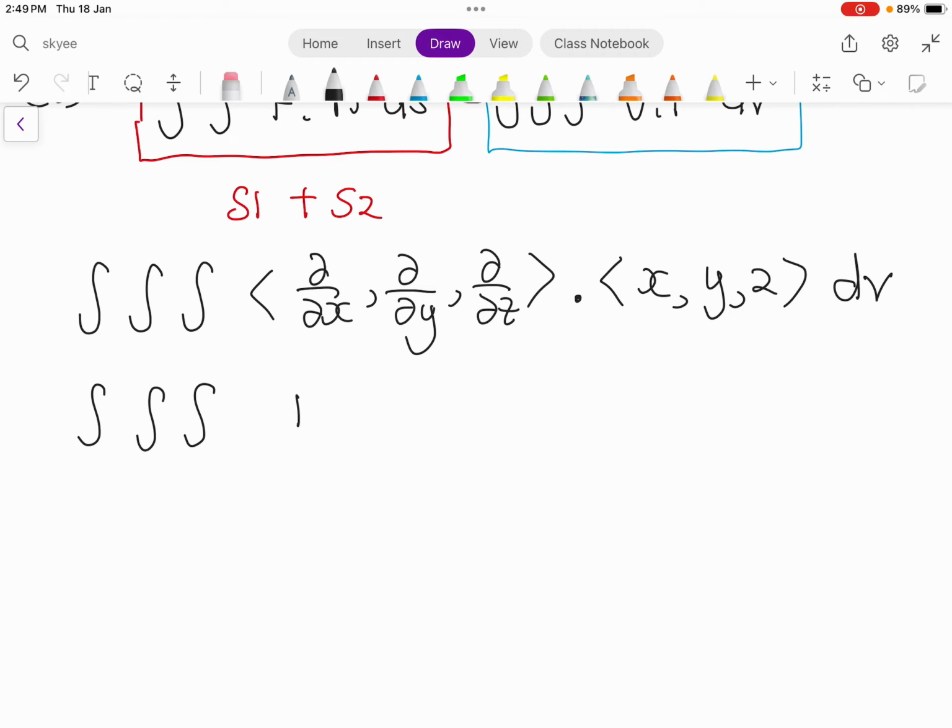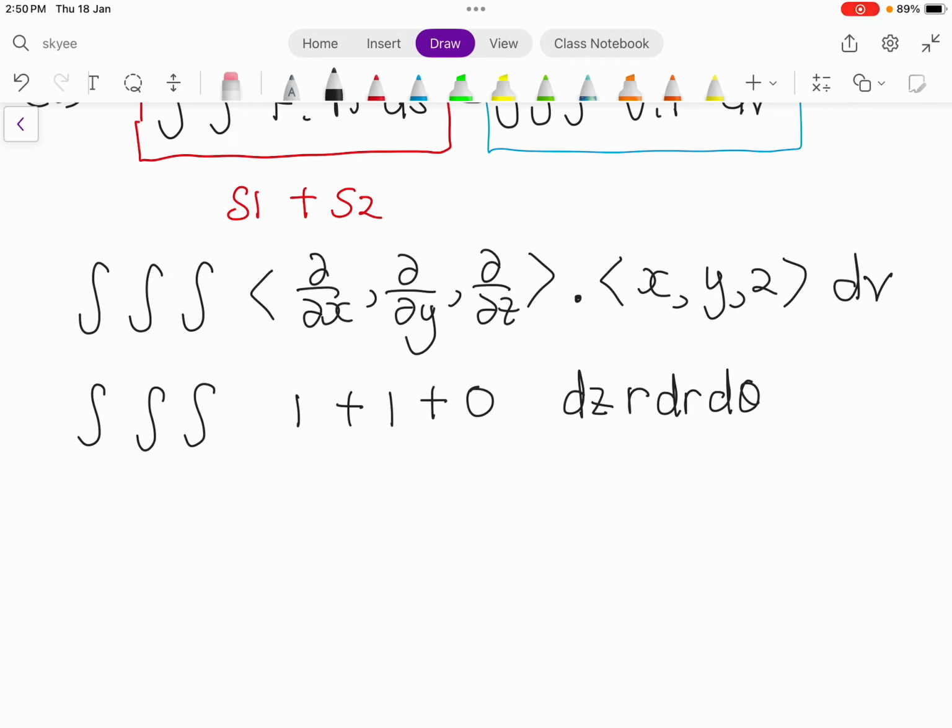You have 1 plus 1 plus 0, which is 2. For the dV, you have to refer to the 3D graph, which is a cone. Normally for a cone we will use the cylindrical coordinate system, meaning that we use dz, r, dr, d theta.